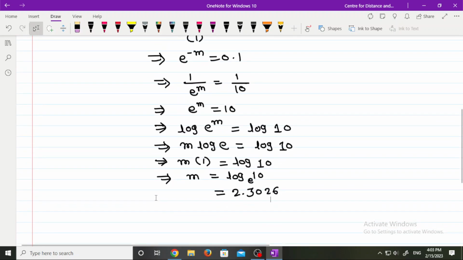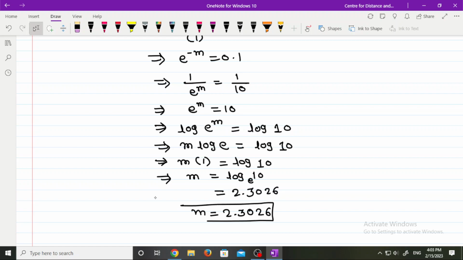Here we use the logarithmic table, so we get the value of log 10 as 2.3026. So here we get the final answer: m is equal to 2.3026. That is the mean of the distribution, that is m is equal to 2.3026.